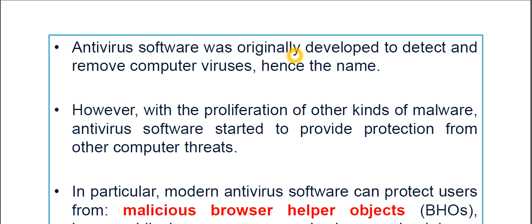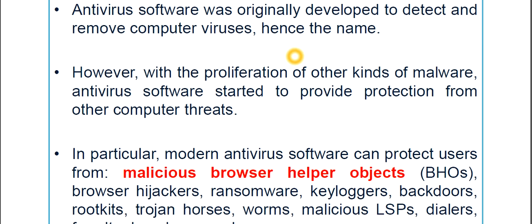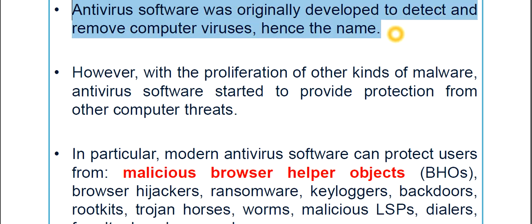So, what do you mean by antivirus or antivirus software? An antivirus software was originally developed to detect and remove computer viruses, hence the name. And about the computer viruses, we have discussed a lot on it. We have gone through different malwares also. Kindly refer to that if you have not gone already.